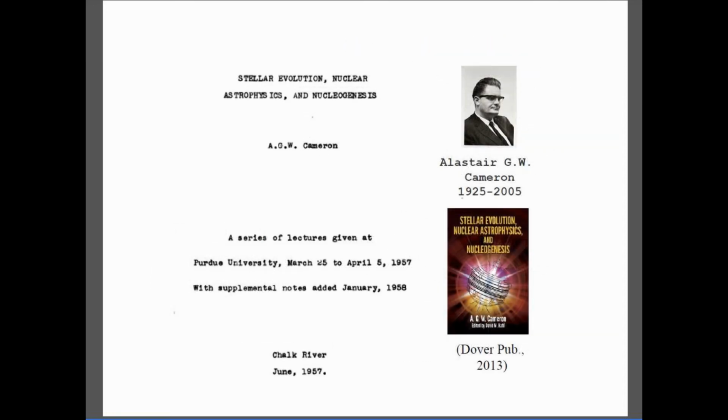But then it's another 10 years or so until what is called modern nuclear astrophysics comes to life with two papers. First, Al Cameron.